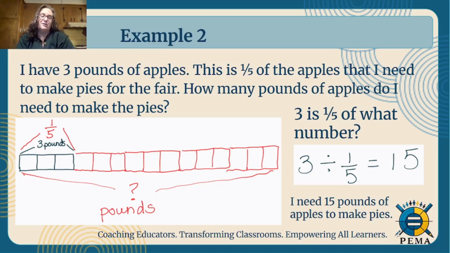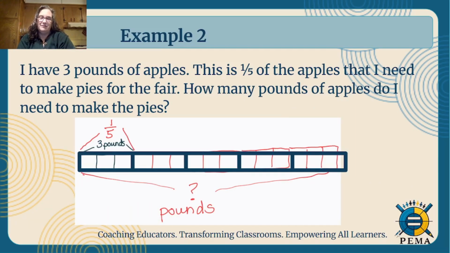And when I say you could also use 3 divided by 1/5 equals 15, or you could go back and think about how 5 groups of 3 pounds make up the total, there's that multiplication. Multiplication and division are related, and eventually, as students discover that they can use the reciprocal and multiply, they will be using multiplication to solve that division equation.